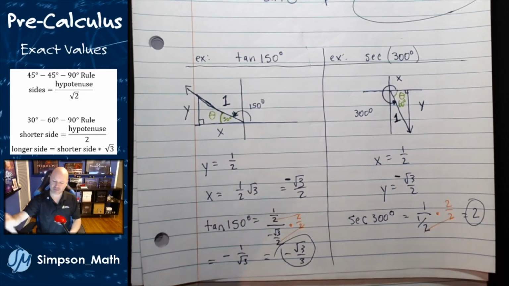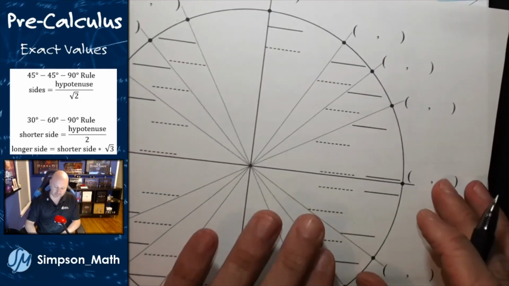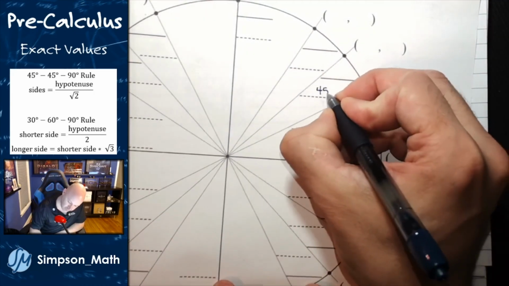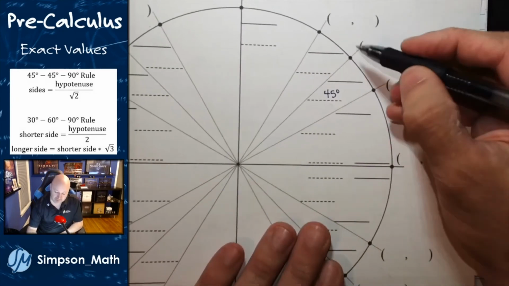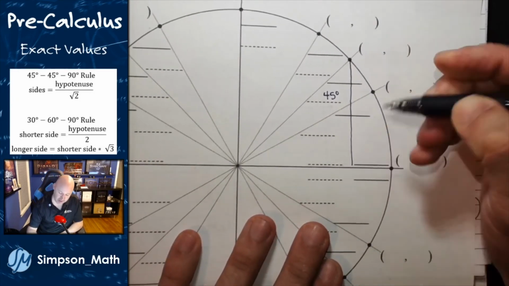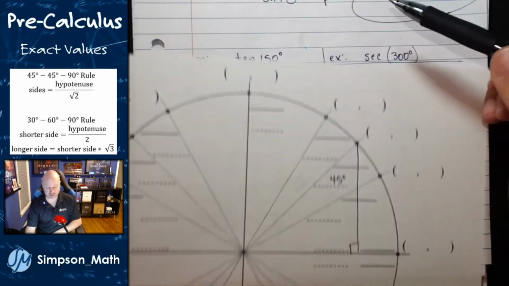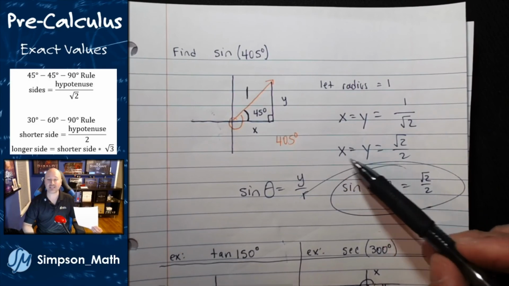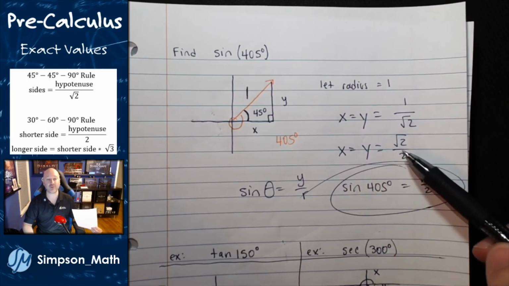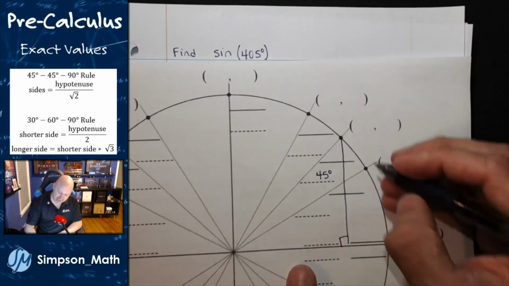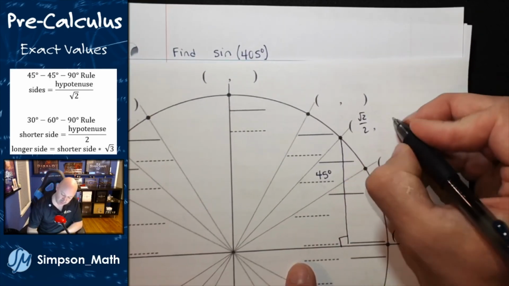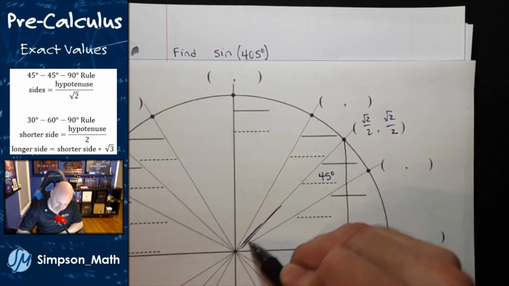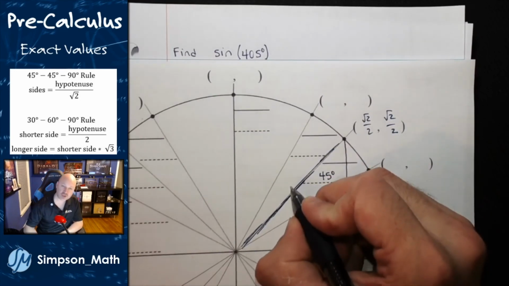So it may take a while, but if you have like 45 degrees, if I were to draw a triangle at this 45 degree, we already know the information from this triangle situation right here, where the x's and y's are the same. They're both the square root of 2 over 2. So this x coordinate is the square root of 2 over 2, and the y coordinate is the square root of 2 over 2. And we're letting, in this case, all of these radii just be 1 unit.